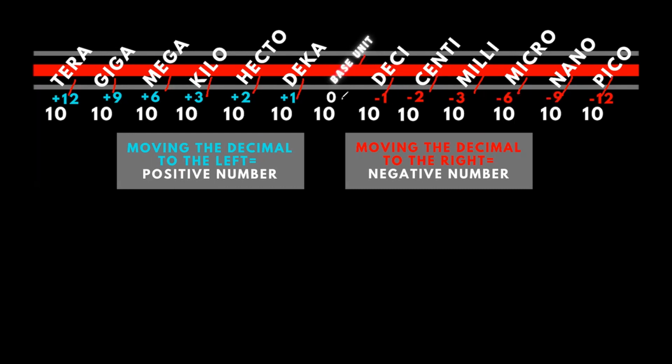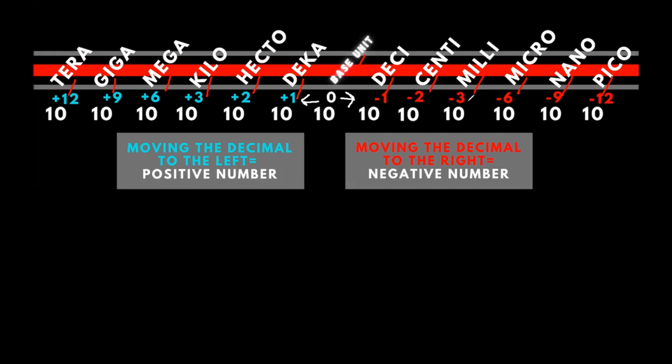Something to note is that to the right side of the base unit, you're going to have negative numbers, and to the left side of the base units, you're going to have positive numbers, and I'm talking about the exponents, right? And you will notice that the exponent changes first by 1. So here you have positive 1, then positive 2, positive 3, and same thing on this side, negative 1, negative 2, negative 3.